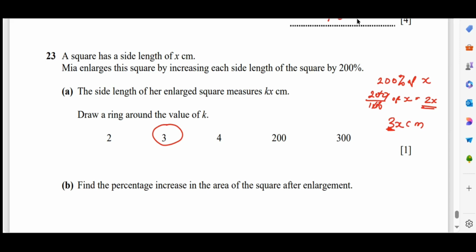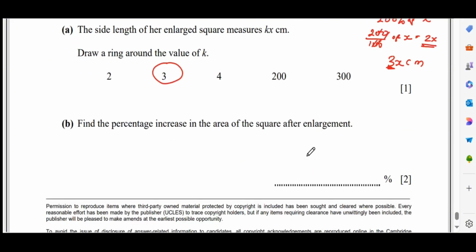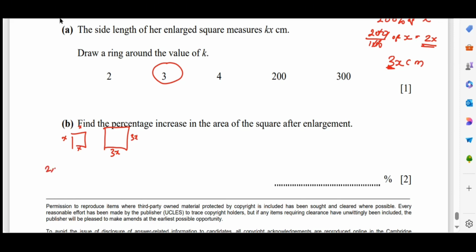Now they ask us to find the percentage increase in the area. 3x, so you notice that the difference is 2. Or okay, let's find our k. Let's use scaling. That'll give us 3x, so that's our k. That means k squared will give us 3 squared, which is equal to 9.